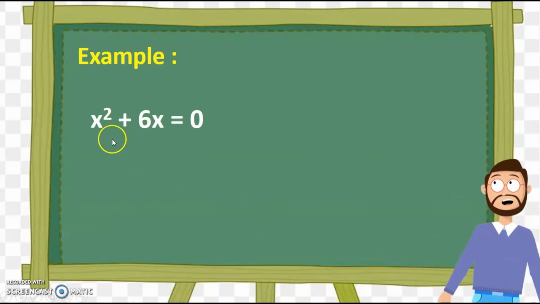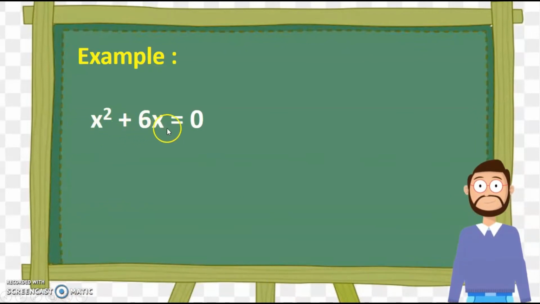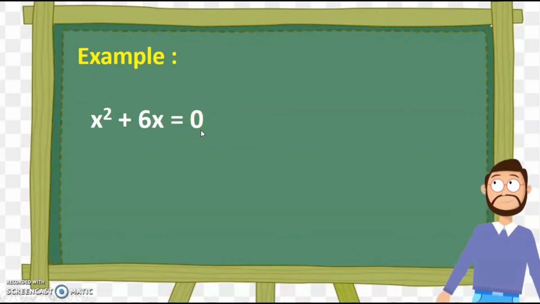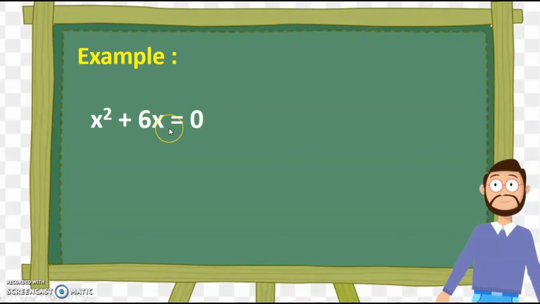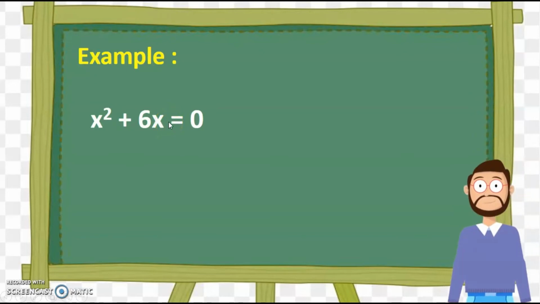Another one, we have x squared plus 6x equals 0. Now, this is also an example of quadratic equation in standard form, but you don't have a constant term. So, since you don't have a constant term, it means that the value of your c is equal to 0.